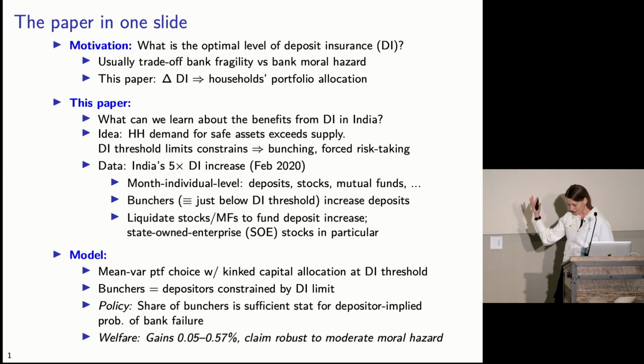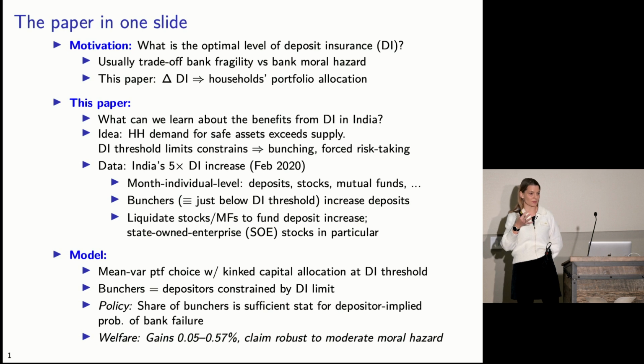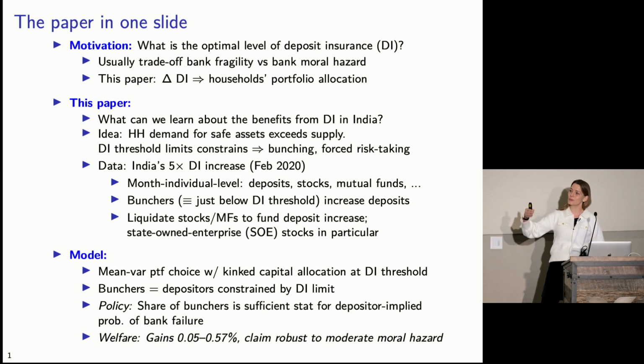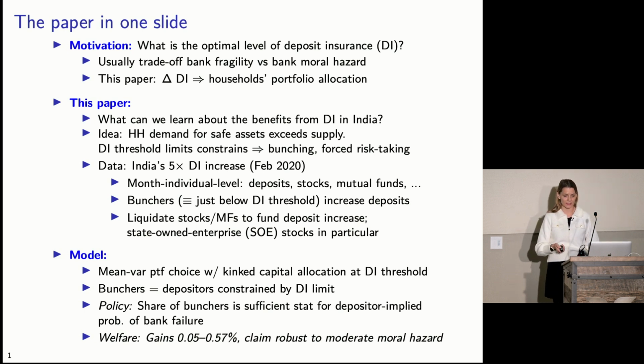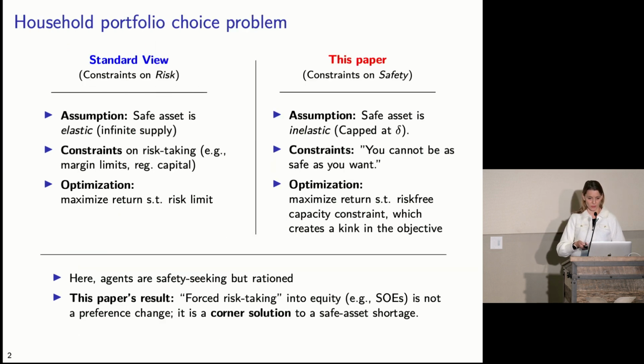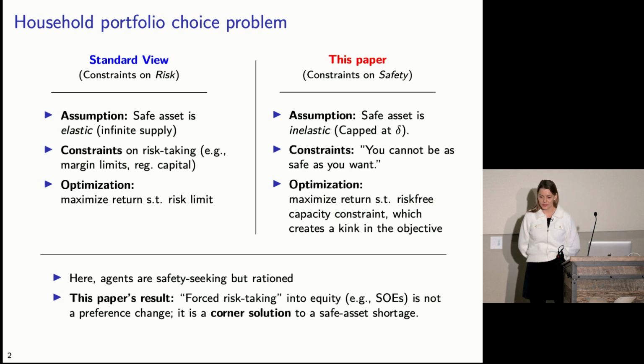Nishant really hadn't much time to talk about this, but the paper also talks about how we can use the share of bunchers as a sufficient statistic for extracting depositors' implied probability of bank failure. It's kind of a useful measure. And then they compute welfare gains and argue that those gains are pretty robust to moderate amounts of moral hazard and even larger ones.